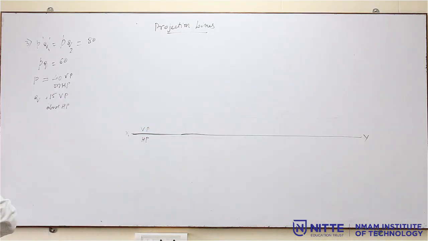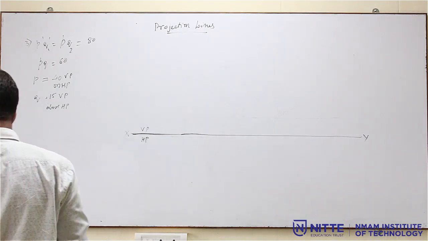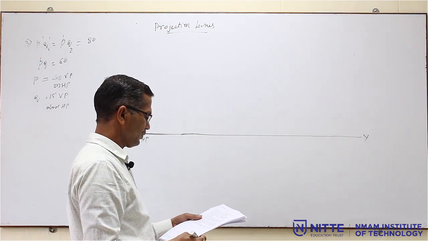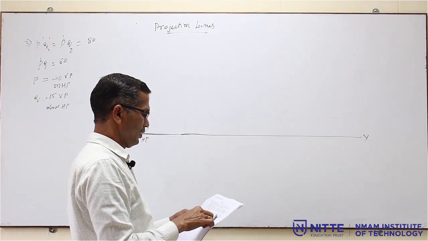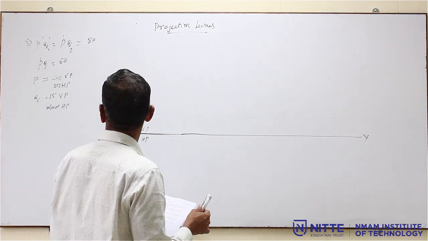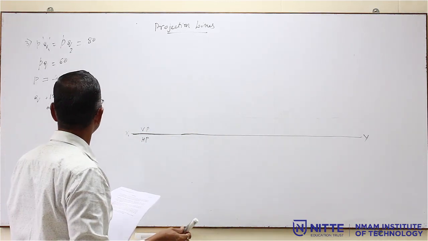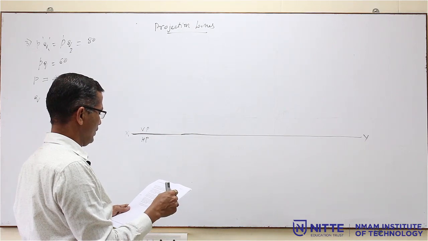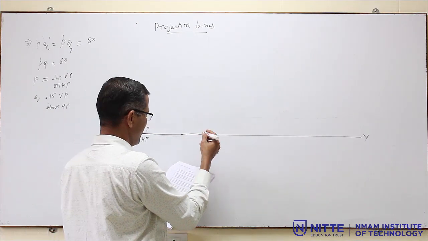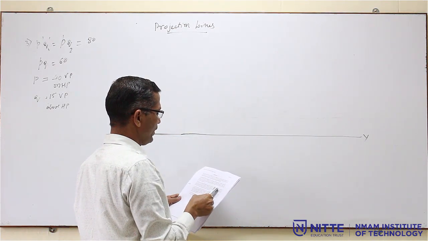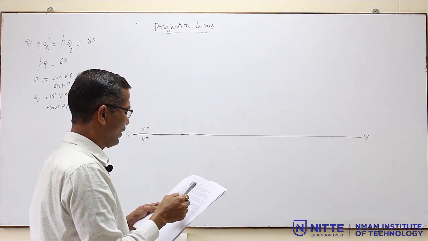VP, HP. Now, you have to locate the point P. Point P is 40 mm in front of VP and on HP.